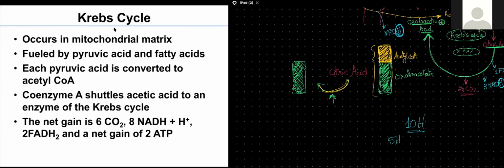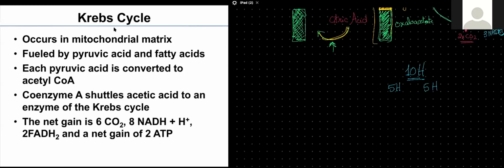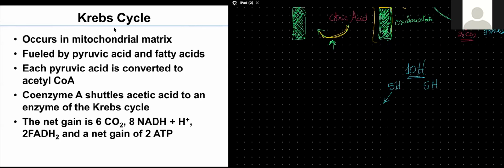Five hydrogens from each of the pyruvic acids. Each of the pyruvic acids is going to be losing 4 hydrogens attached to NAD that will become NADH, and 1 that will become an FADH. This takes place in both pyruvic acids.